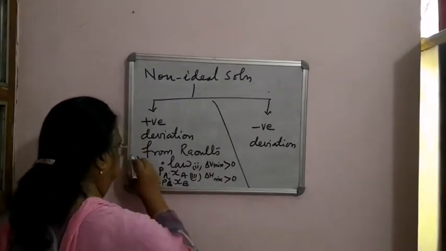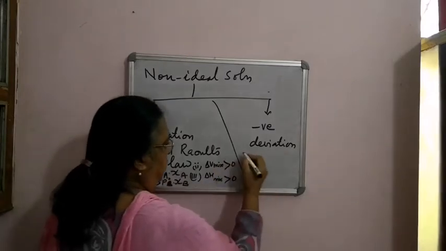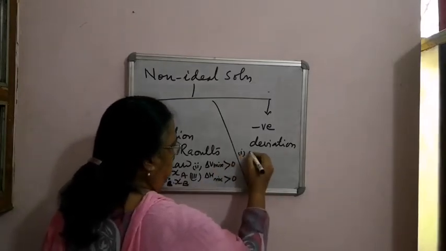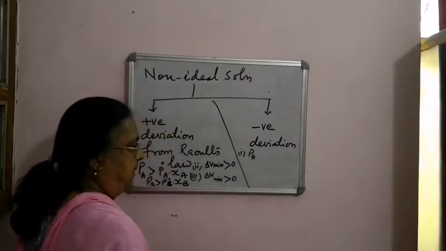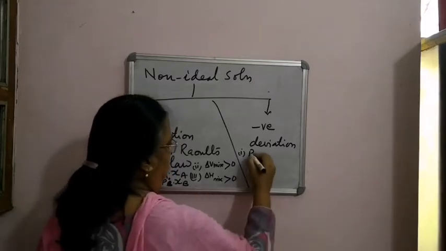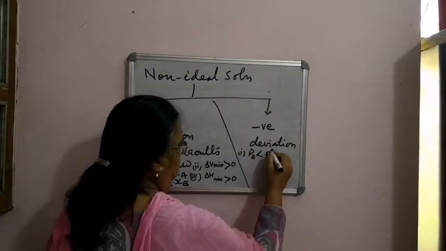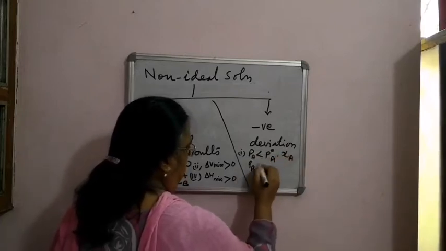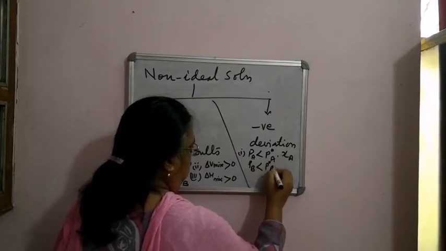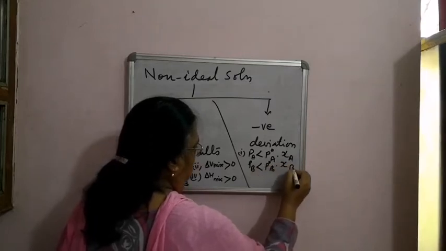And for negative deviation, the vapor pressure which you get through the experiment will be less than what we get through Raoult's law. You can remember this.